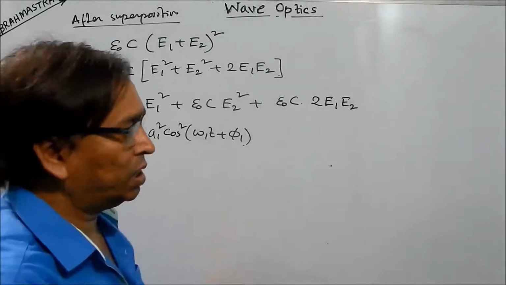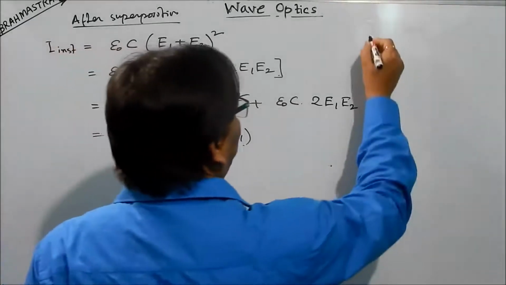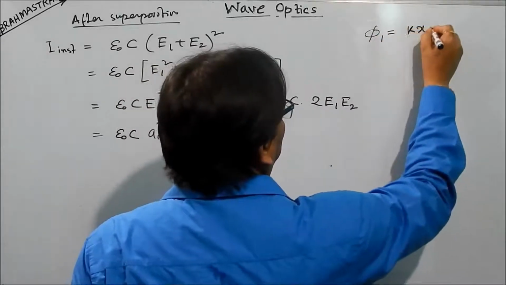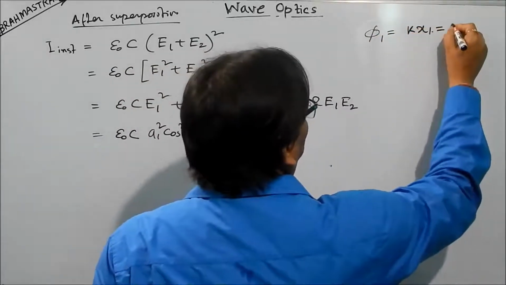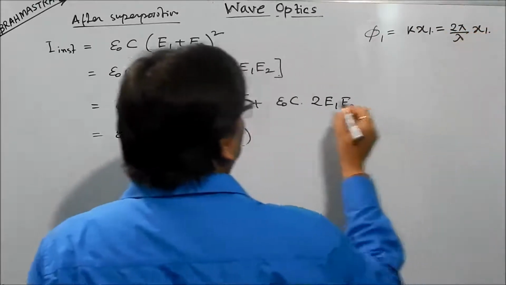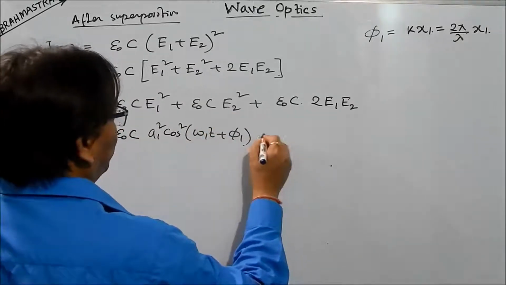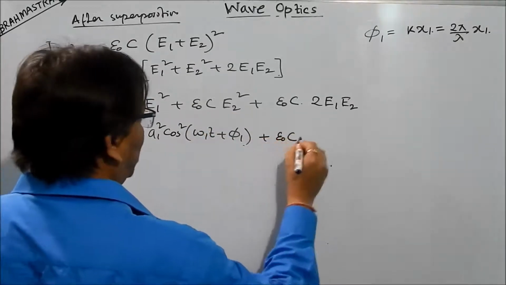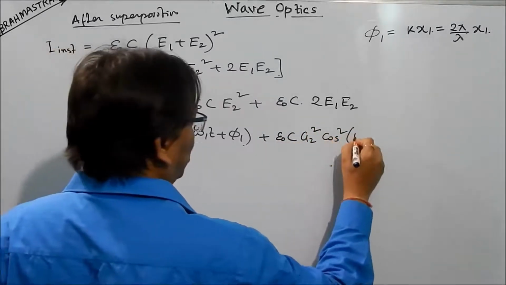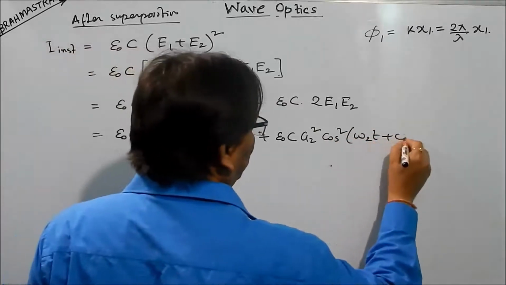I am making another assumption here, because otherwise the calculation will be very large. I am taking phi 1 equal to k x1, where k is 2 pi by lambda. Similarly I will write the equation for E2 square, which is epsilon naught C times A2 square cos square (omega 2 t plus phi 2).